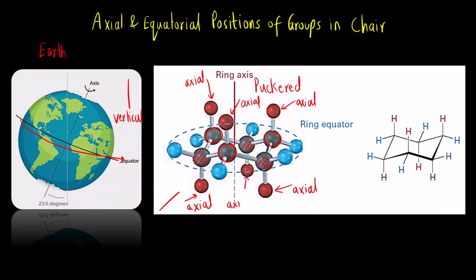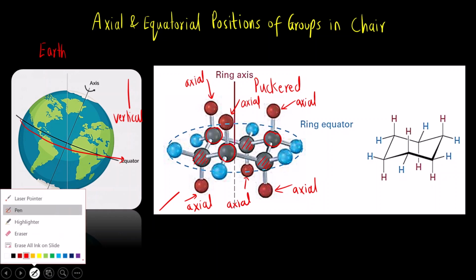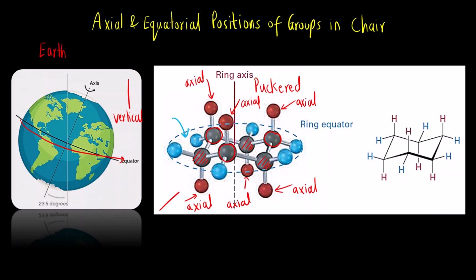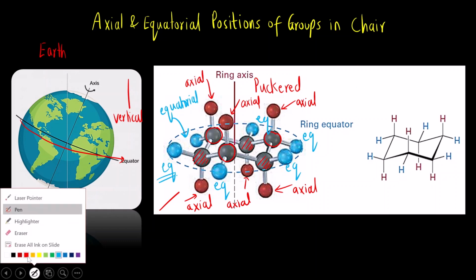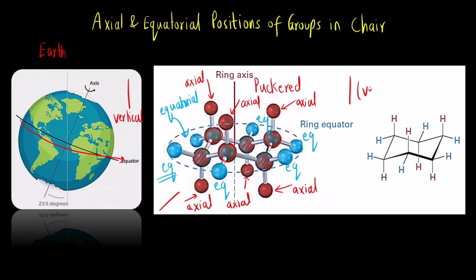The 6 red ones are axial, and the remaining blue ones are called equatorial positions. This is equatorial, equatorial, equatorial, and equatorial. So we saw just now, all the vertical bonds are called axial positions, and the remaining bonds are equatorial positions.